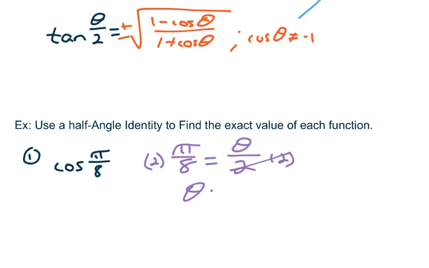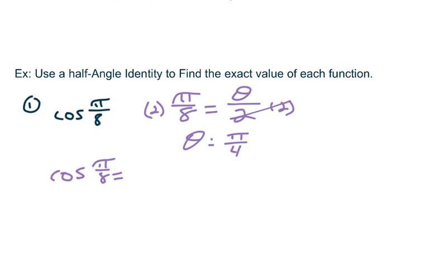Theta would be equal to 2 pi over 8, which simplifies into pi over 4. So we can say that the cosine of pi over 8 is equal to the cosine of pi over 4 over 2.